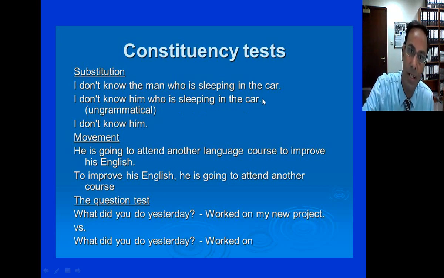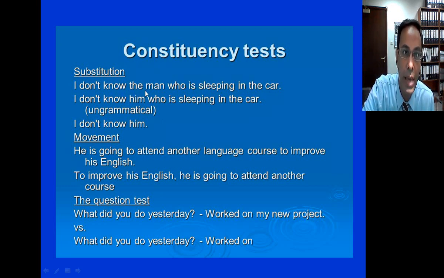This sentence is ungrammatical. Why? Because the man is not a noun phrase alone. Here, the noun phrase is the man who is sleeping in the car. This is a complete, whole unit. So when we substitute this noun phrase, we substitute the whole unit with him.